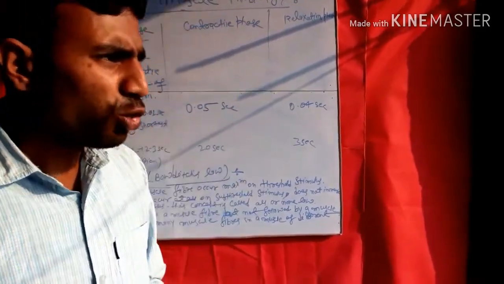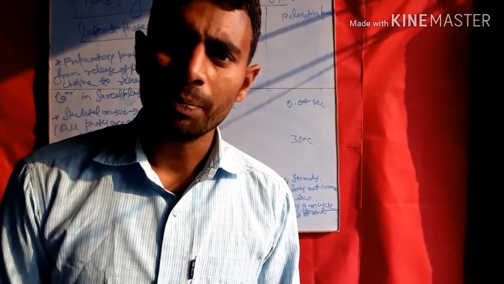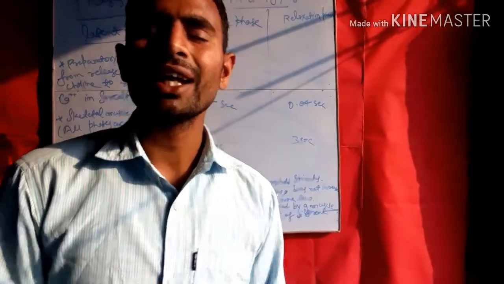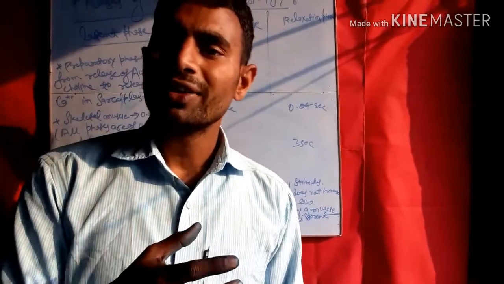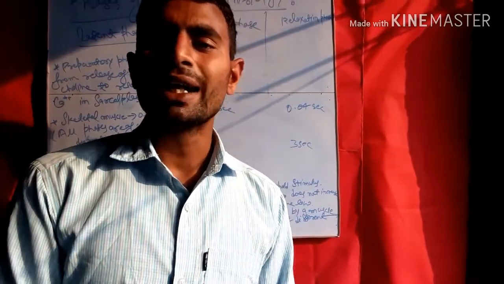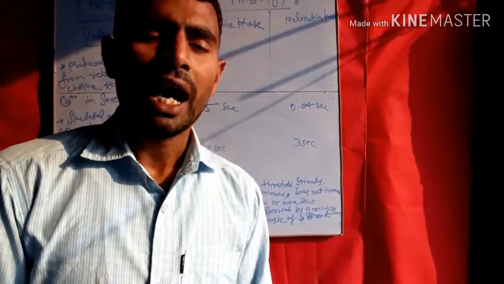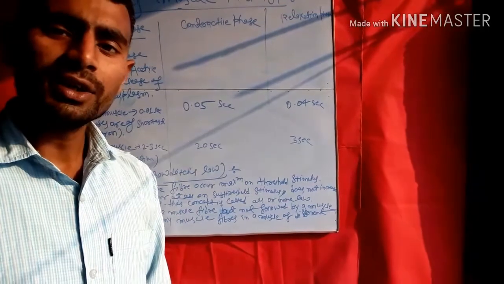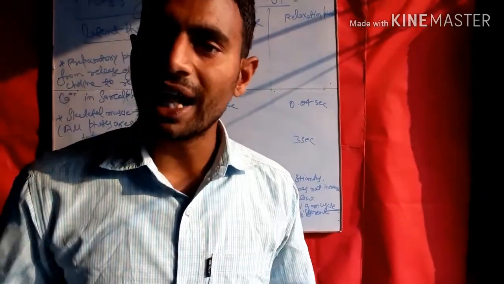You know that muscle is of three types. One is the striated muscle, also called skeletal muscle, because that muscle is attached to the bones. Second is the smooth muscle, and third is the cardiac muscle.